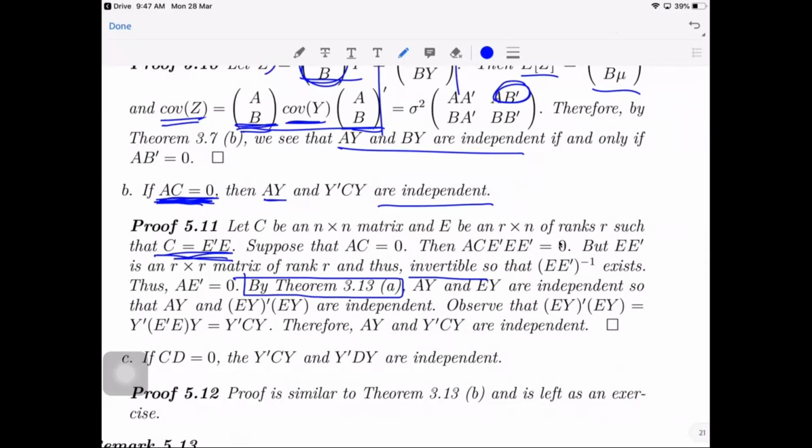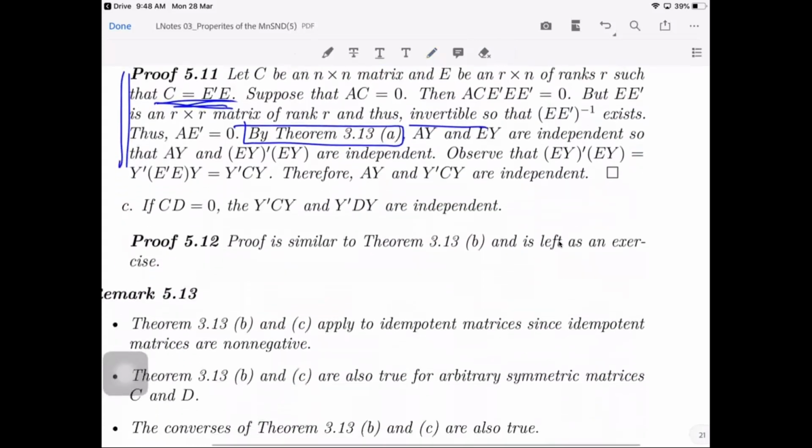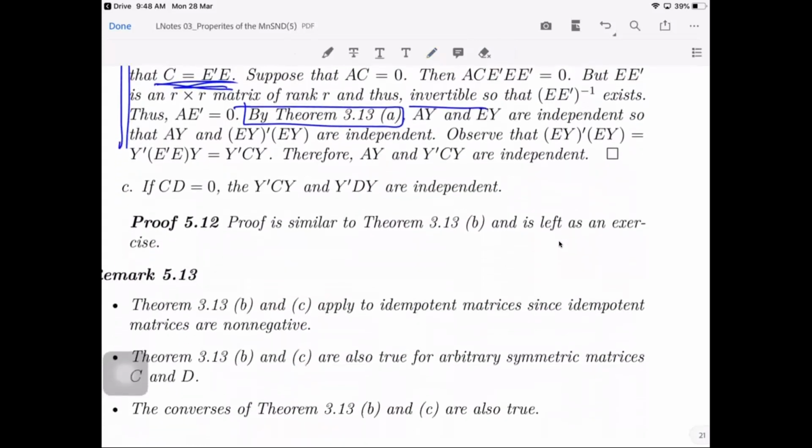You just go through this proof because this uses some properties of a matrix being invertible and being positive definite. I will not deal so much on that, and letter C is similar to letter B.